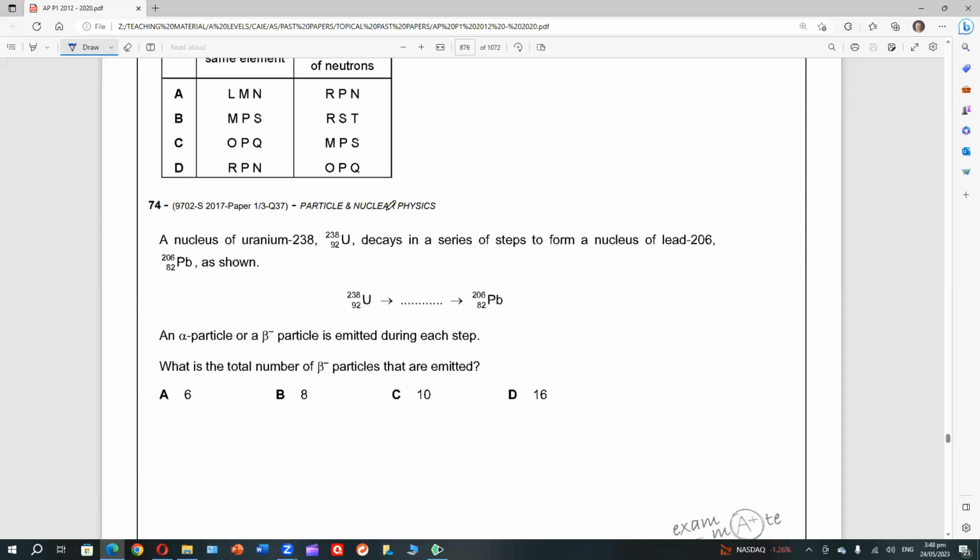238. First we should subtract it, right? 238 minus 206.